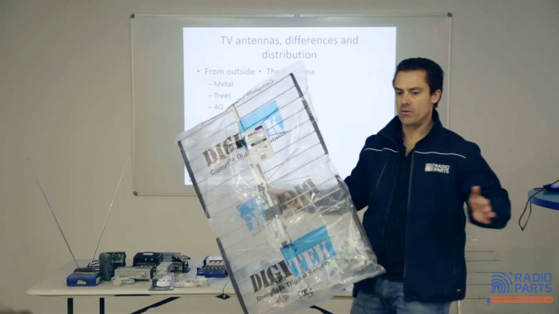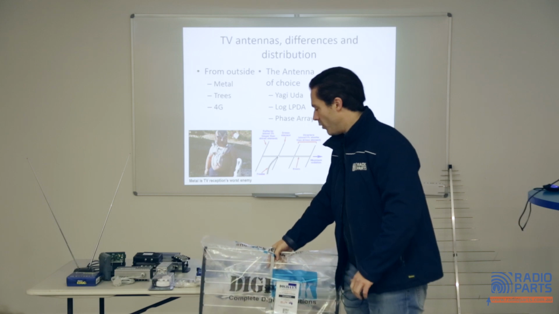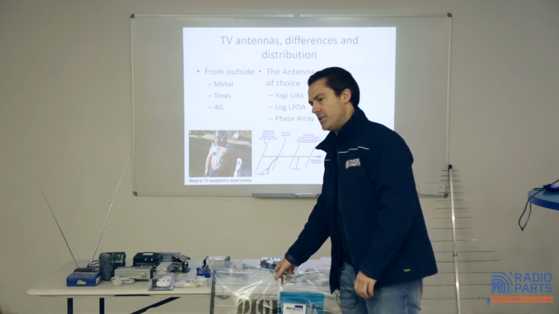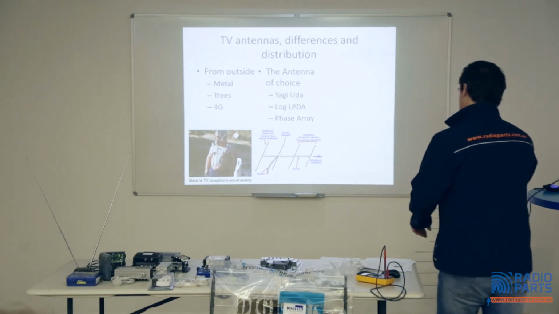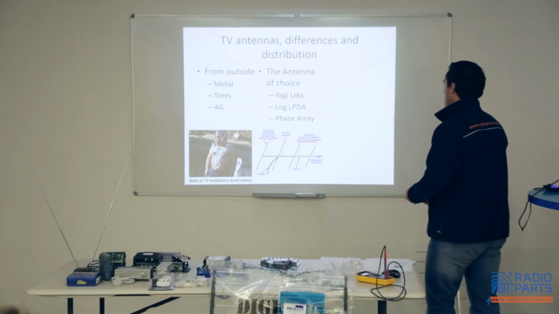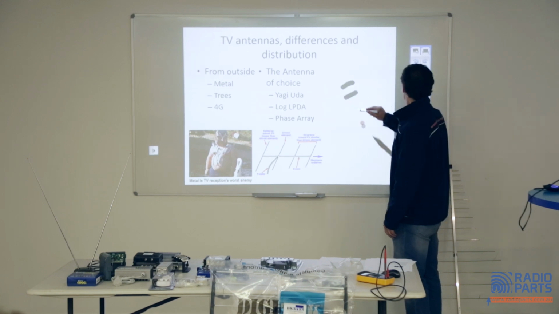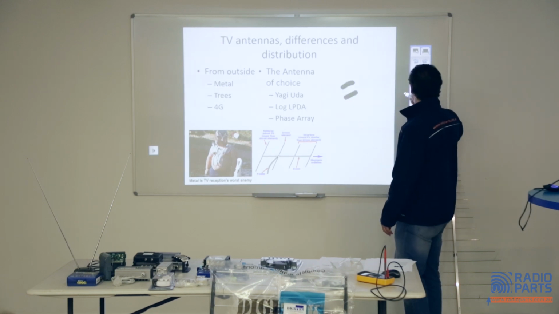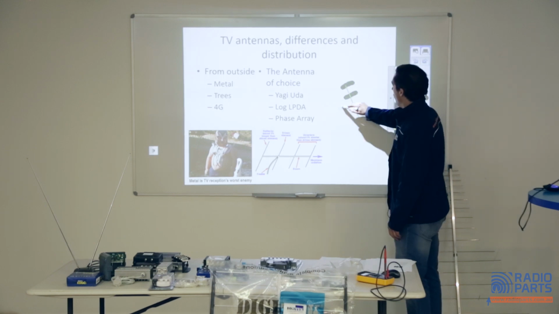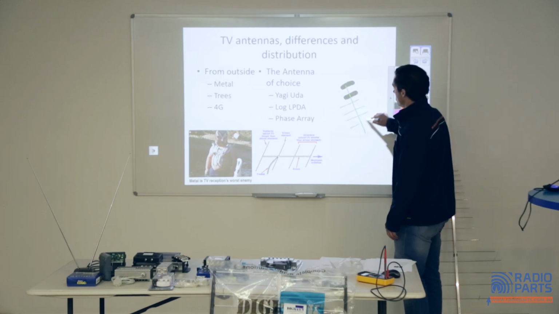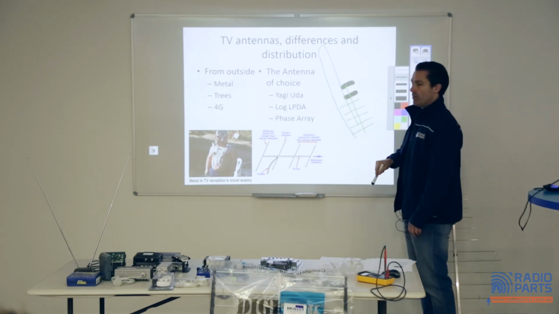So we spoke about the Yagi design before, being directed towards a transmitter. The Yagi is extremely focused and efficient. If you add more directors, the signal becomes sort of more in that shape.